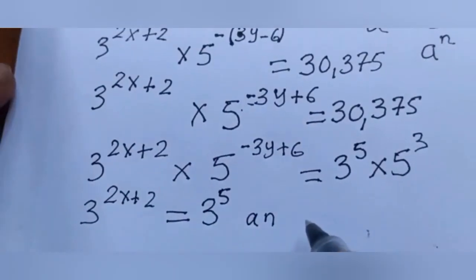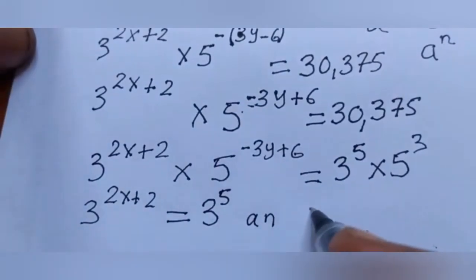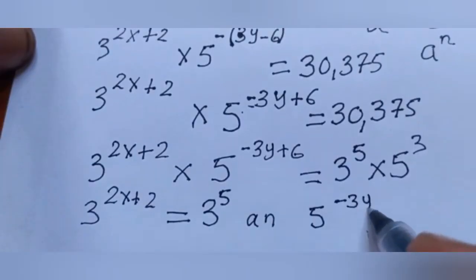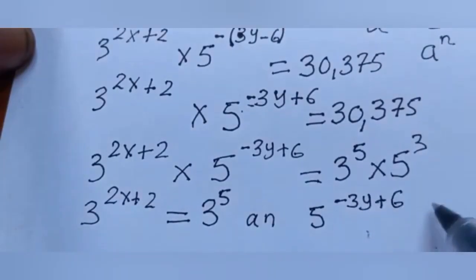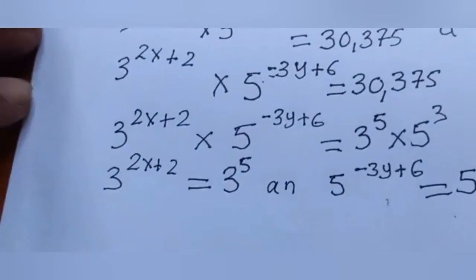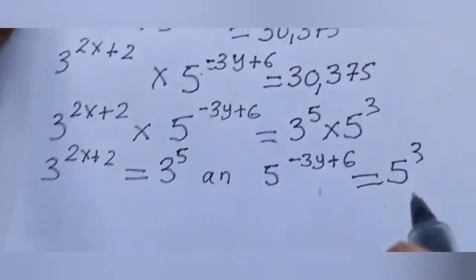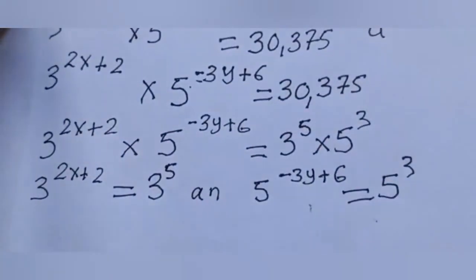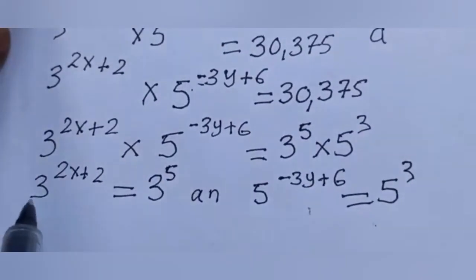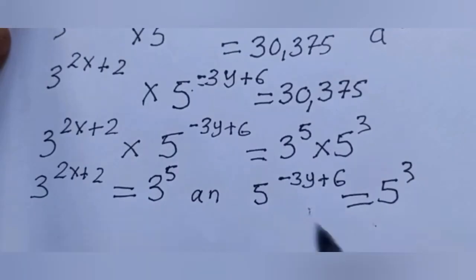And 5 raised to power negative 3y plus 6 equals 5 raised to 3. As you can see here, the bases are equal. Here we have base 3, and here we have base 3. The same applies to here.